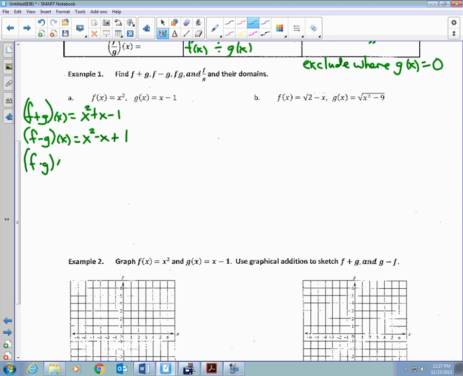And if we multiply them, we'll distribute the x squared through, and we get x to the third minus x squared. And if we divide them, we get x squared over x minus 1. There's really nothing I can do to simplify that. Just write it as follows.